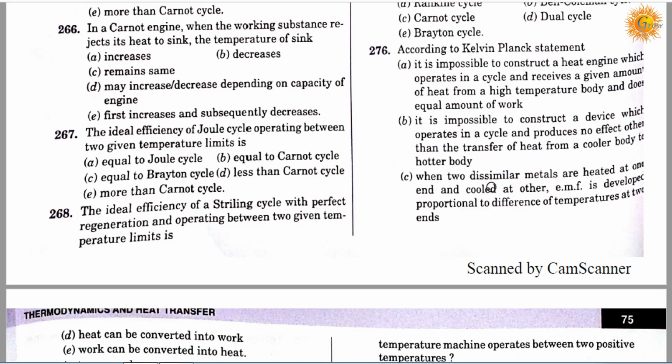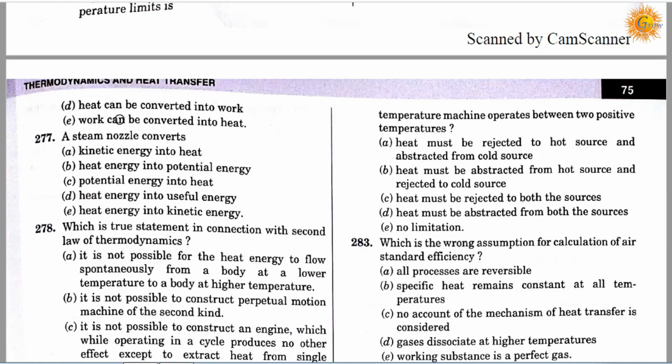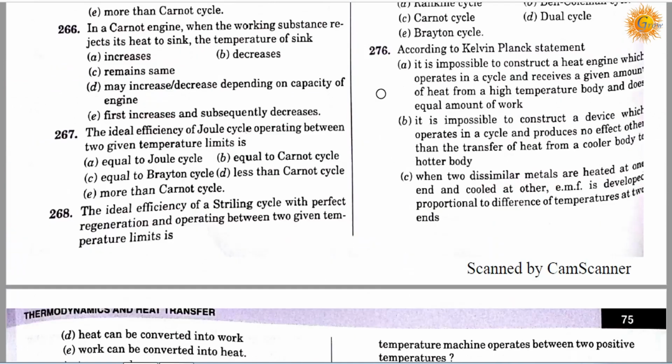Option C, when two dissimilar metals are heated at one end and cooled at the other, EMF is developed proportional to the difference of temperatures at the two ends. Option D, heat can be converted into work. Option E, work can be converted into heat. So the correct answer is A.